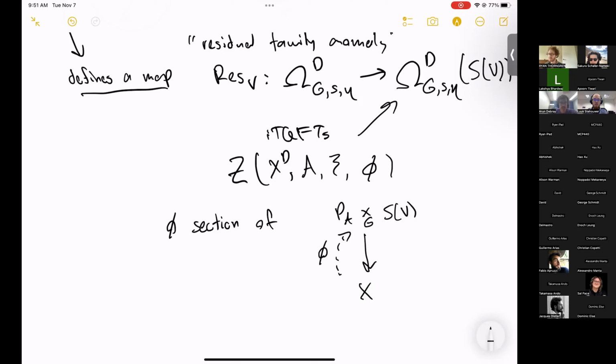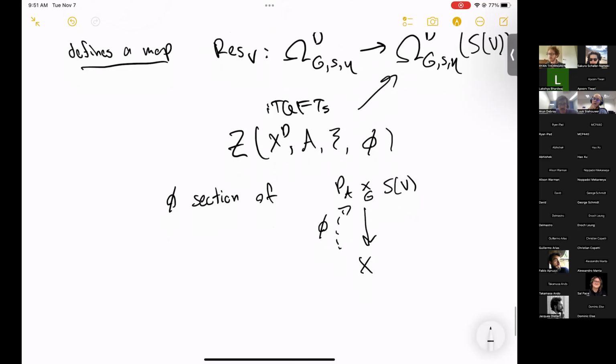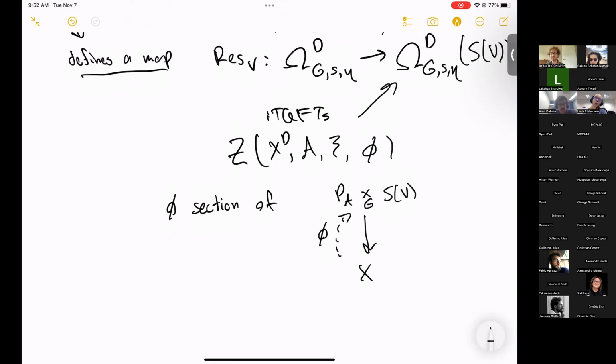And if you like, this residual family anomaly map on these spacetimes, what it does is you just forget phi. So this map is defined by just setting phi to be 0 or some constant, say, or not setting it to be constant, but just forgetting it in the data.